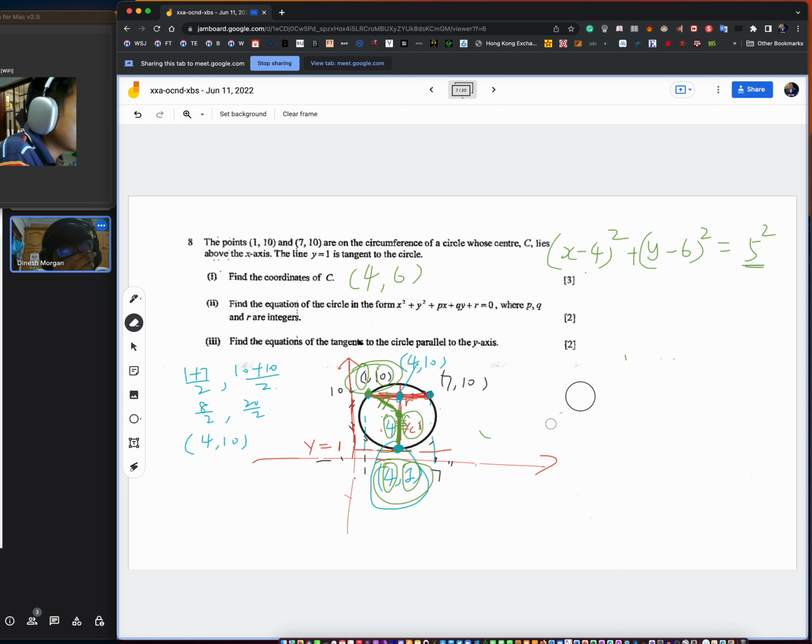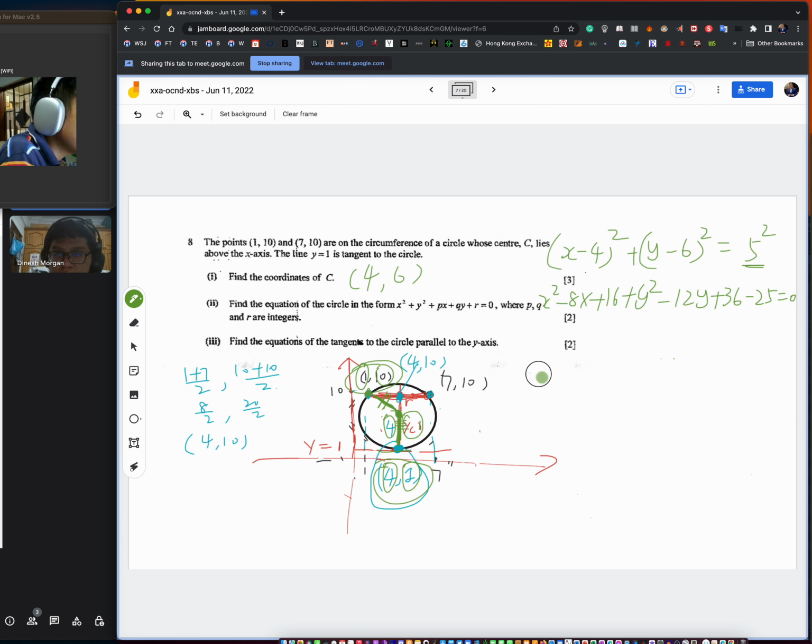With the equation of the circle, you just expand everything: x squared minus 8x plus 16, y squared minus 12y plus 36. Then you bring this together, and by comparison later on, this is also one way.